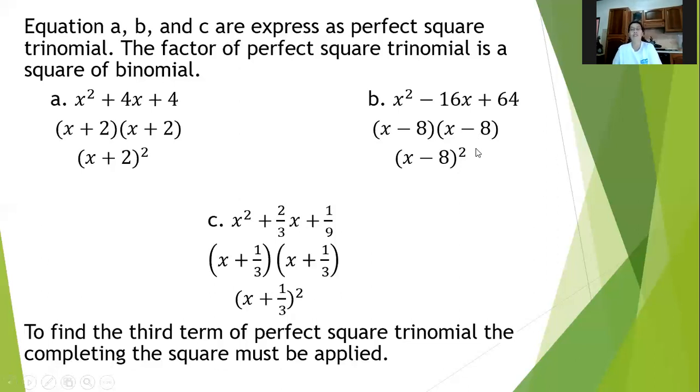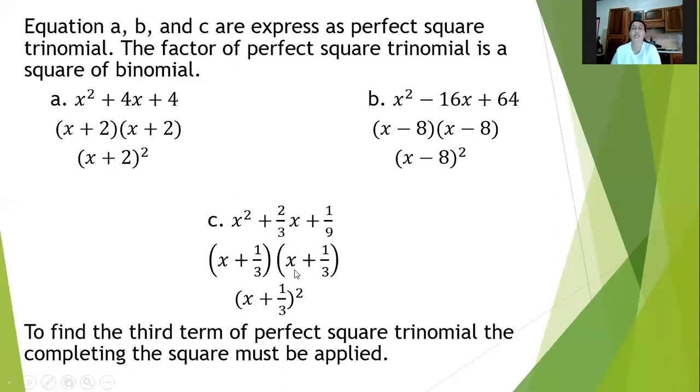For letter C, it is x squared plus 2 over 3x plus 1 over 9. As you notice, the factor of x squared is x times x, while the factor of 1 over 9 is 1/3 times 1/3.